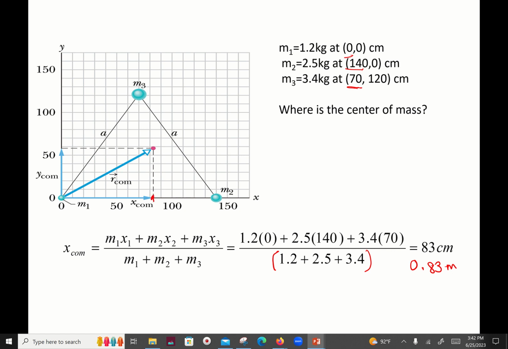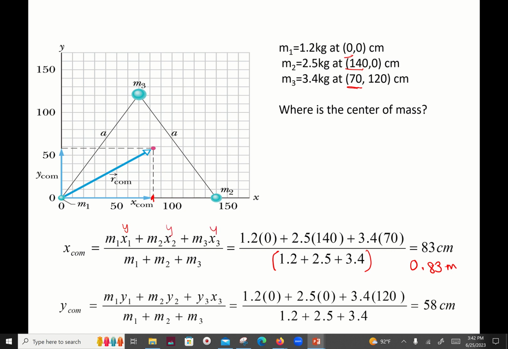Okay, so I'm going to draw my center of mass location 83 centimeters over in the X direction. Okay, how about the Y direction? Well, for the Y direction, I'm going to do the same thing, except now, instead of the X coordinates, I'm going to put in the Y positions. So I'm going to weight the masses in the Y direction. So 1.2 times Y equals 0. 2.5 also has Y equals 0. And the 3.4 has Y equals 120.